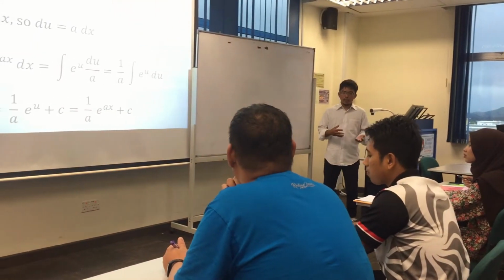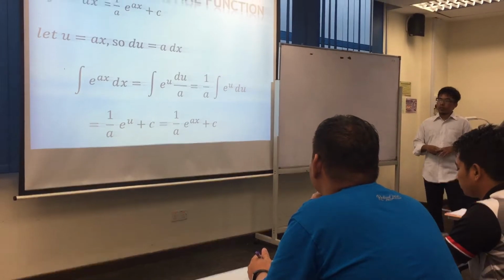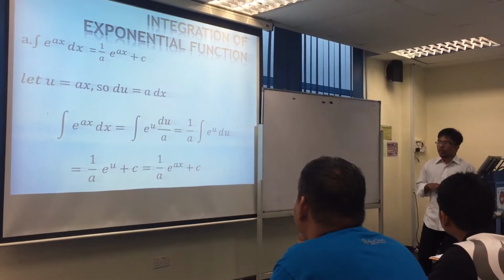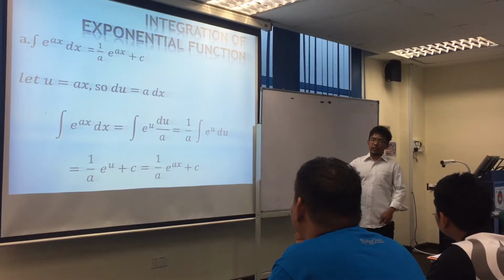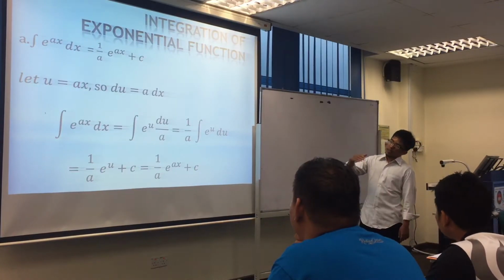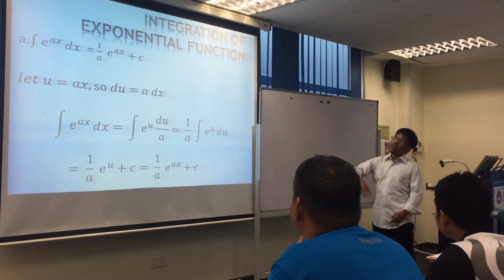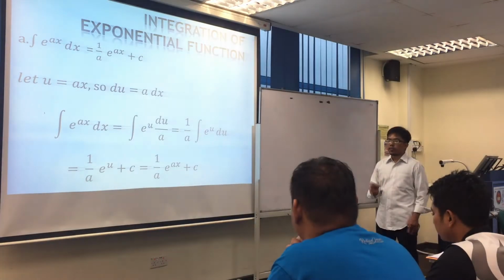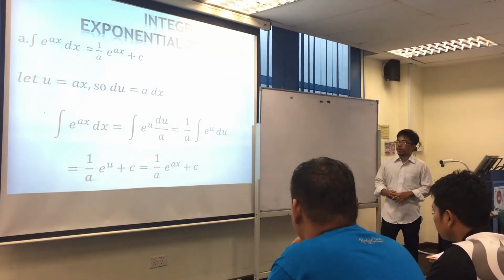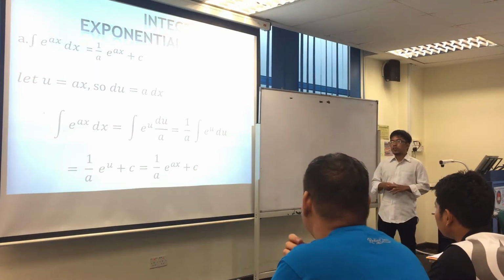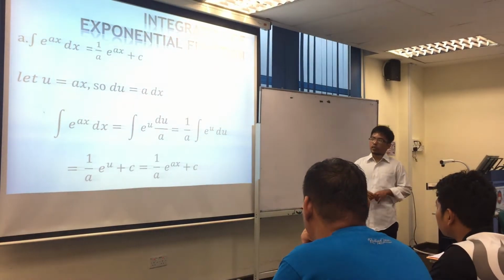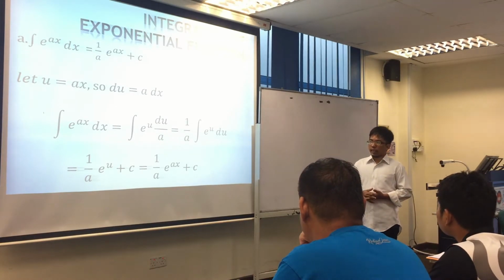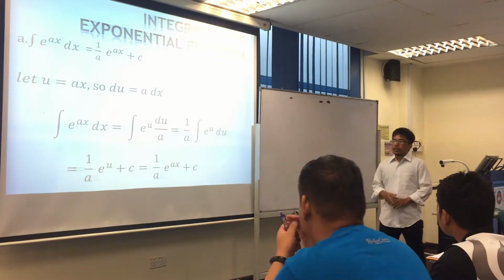As you can see in the notes and in the slide, the first part is when we have e to the power of ax, a linear function. When we integrate it, the result will be 1 over a, e to the power of ax, plus c. The step to get the result is to substitute u equal to ax and differentiate it, where we will get du equals a dx.